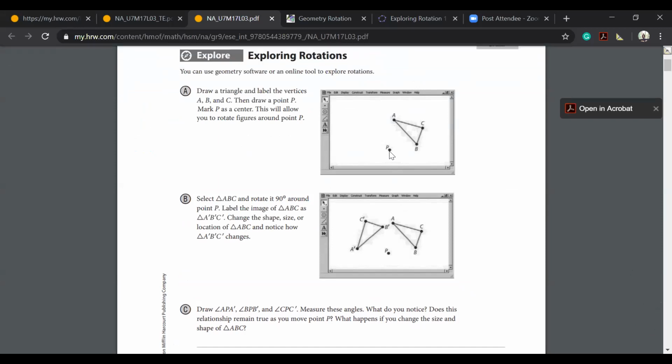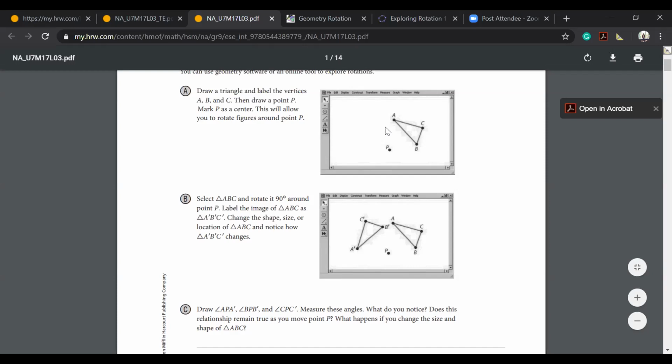So I understand the first thing, as we said, that this point P is not moving. This is the center. All the other three points of the triangle ABC will be moving and rotating around this point. I still need to know two things: the direction and the degree.